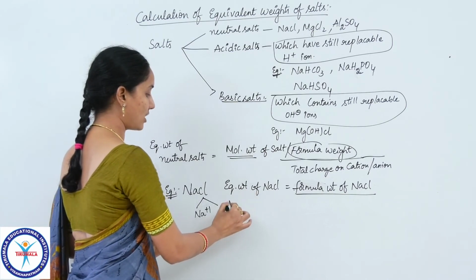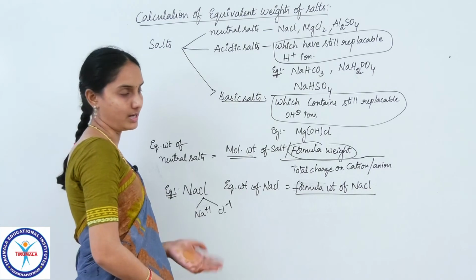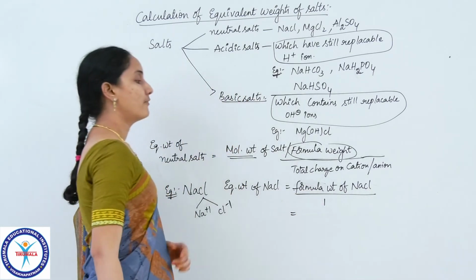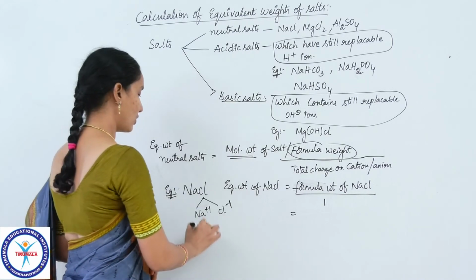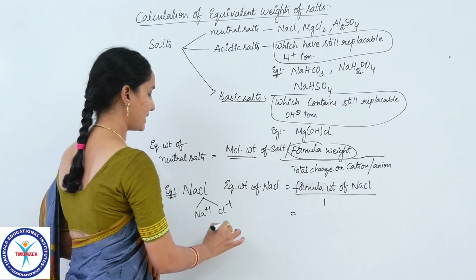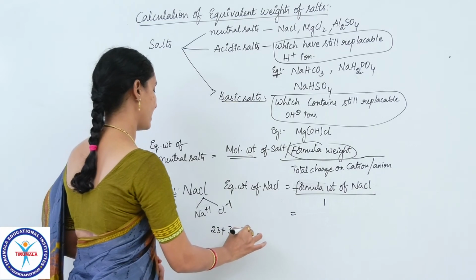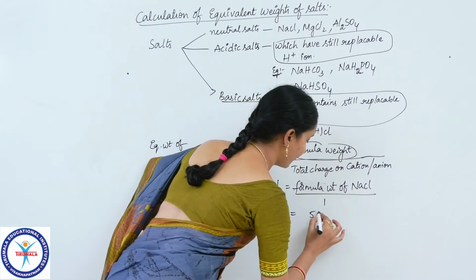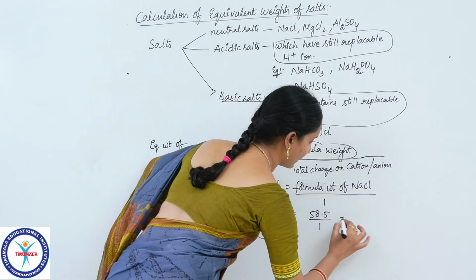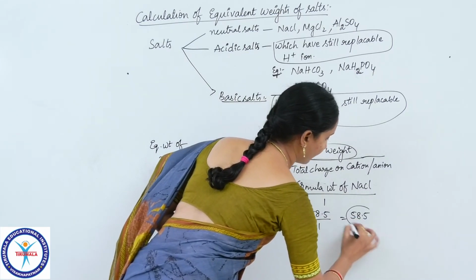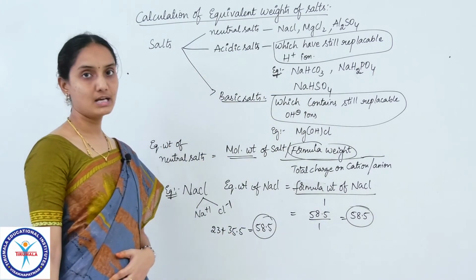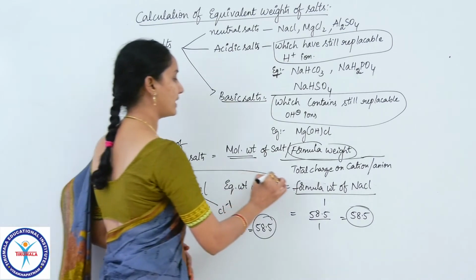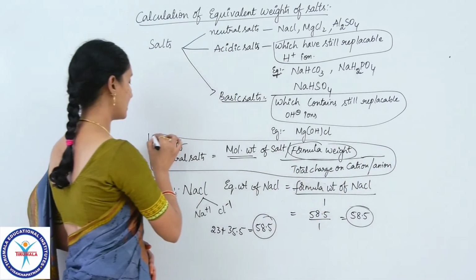So total charge on either sodium or chlorine is 1 only. So you have to divide it by 1. What is the formula weight of NaCl? Sodium has the weight 23 plus chlorine has 35.5. So total it is 58.5. So 58.5 divided by 1, again it is 58.5. In that manner you will calculate the equivalent weight of a neutral salt, children.